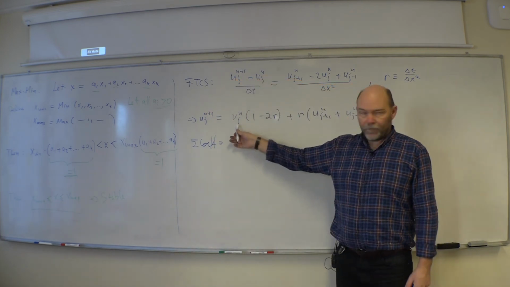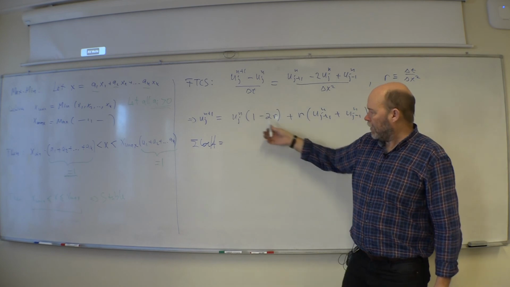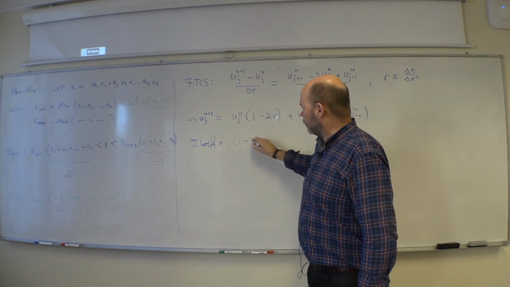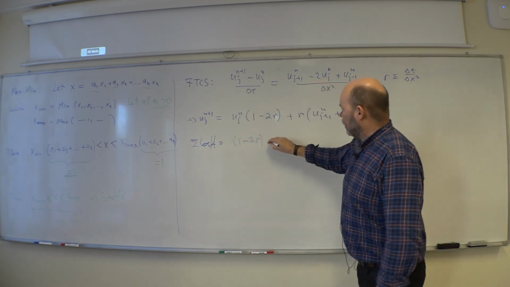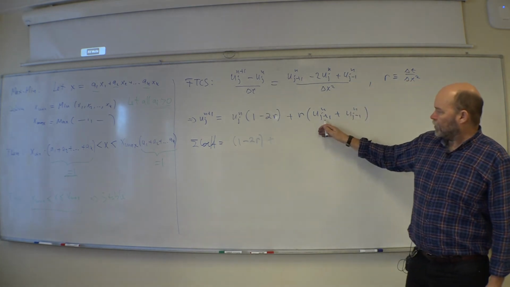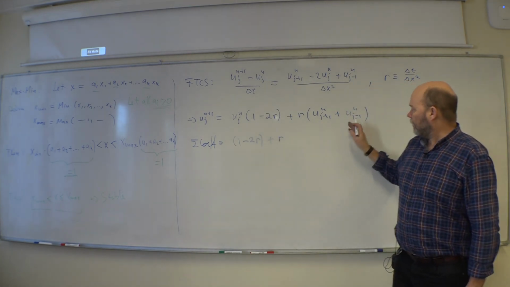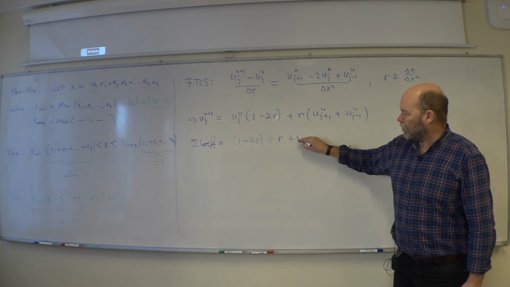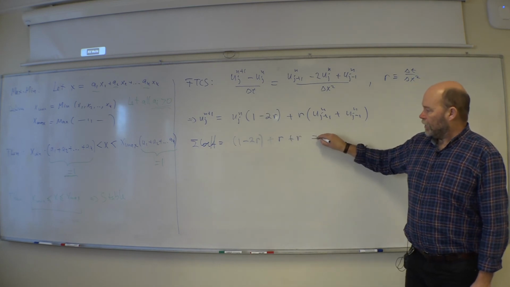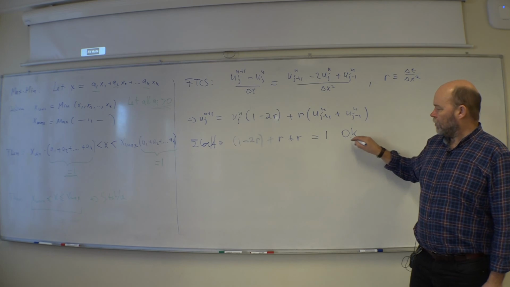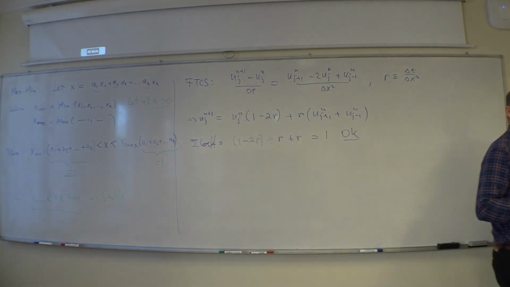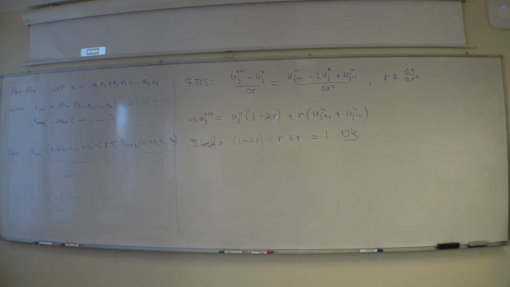Well, for my first one, uj, I have the coefficient 1 minus 2r. For the next one, j plus 1, I have the coefficient r. And for the last one, well, I also have the coefficient r. And the sum is 1. Okay, I can use the method. And this happens quite frequently with these simple FTCS schemes. The sum of all the coefficients is going to be 1.